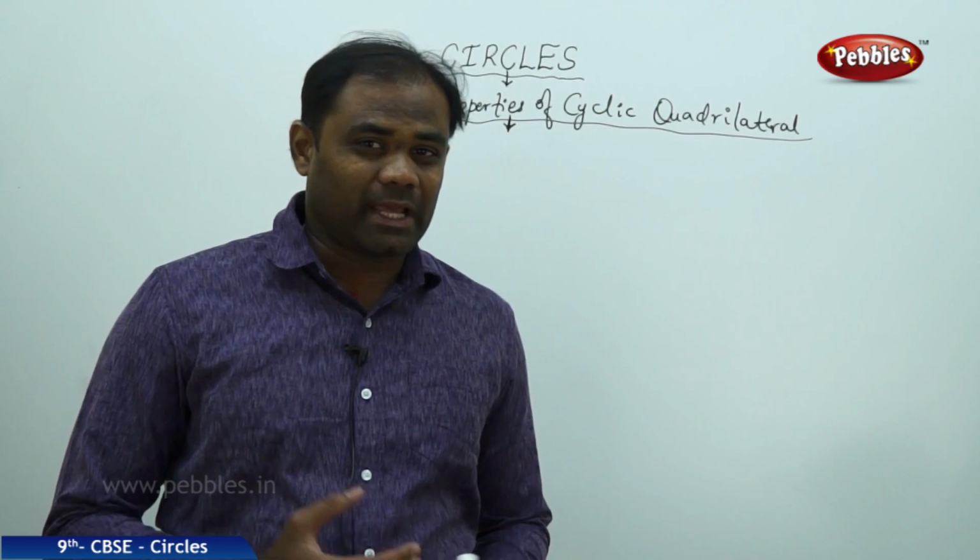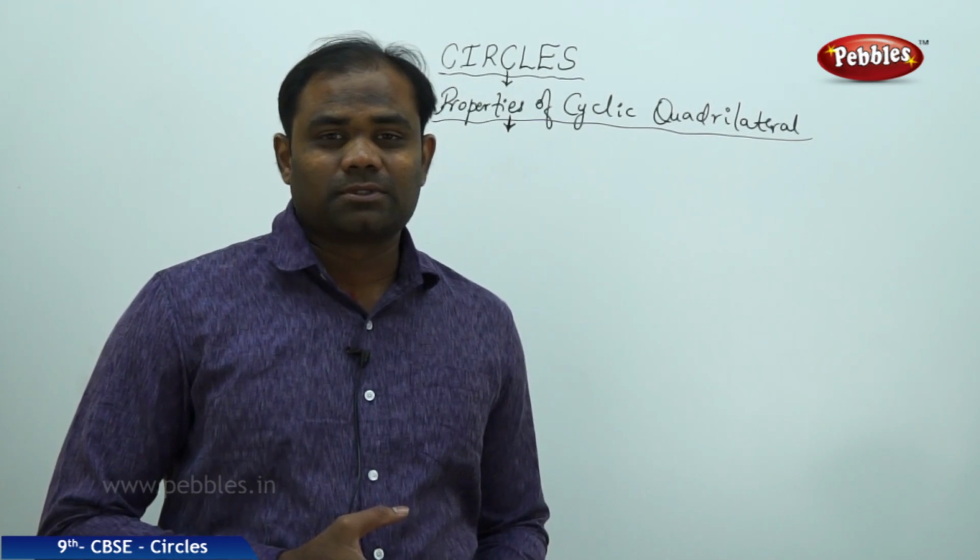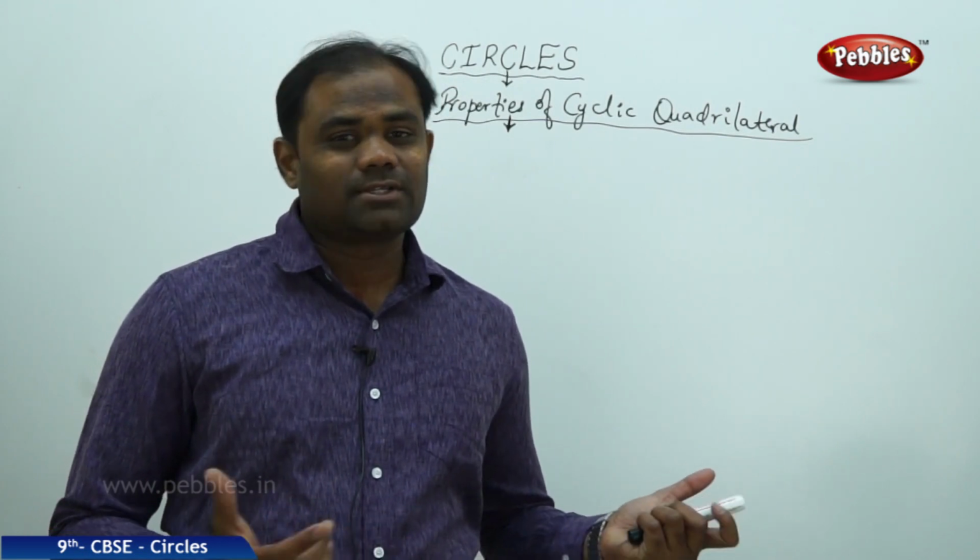Let's see the converse of the previous session. If the pair of opposite angles of a quadrilateral is equal to 180 degrees, then will the quadrilateral be cyclic? This session is about the converse of cyclic quadrilateral property.